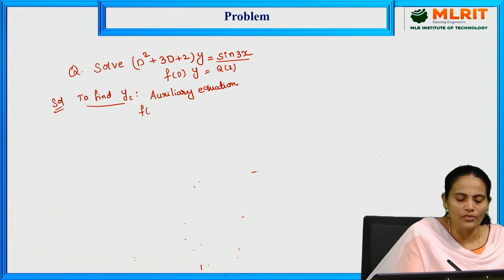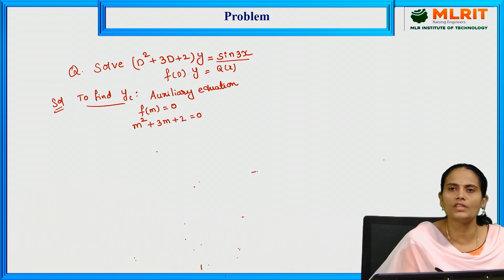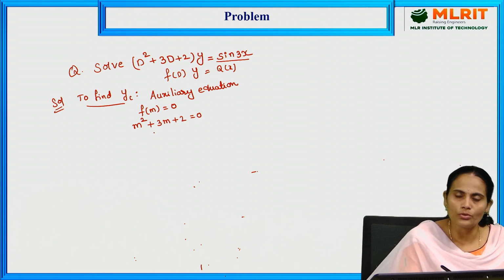That means m square plus 3m plus 2 equal to 0. Now we have to get the roots.